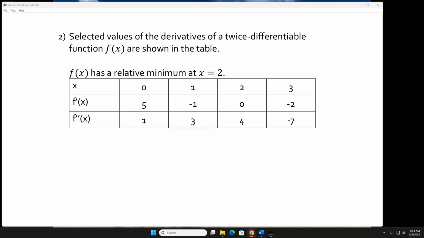I just want to remind you before you make a final decision that we don't really know what's happening between these values. So between 1 and 2, we could actually change direction many, many times. Keep that in mind when you're deciding.